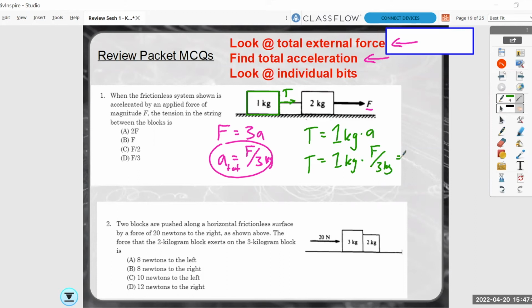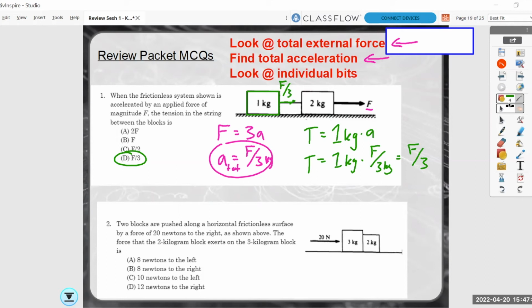So 1 times F over 3 is, not surprisingly, F over 3. Let's think about that for a moment. This is getting a force forward of 1/3 of F.